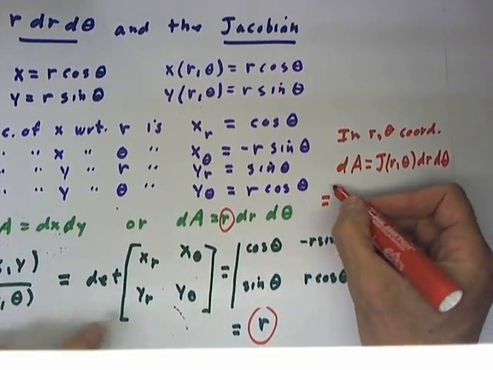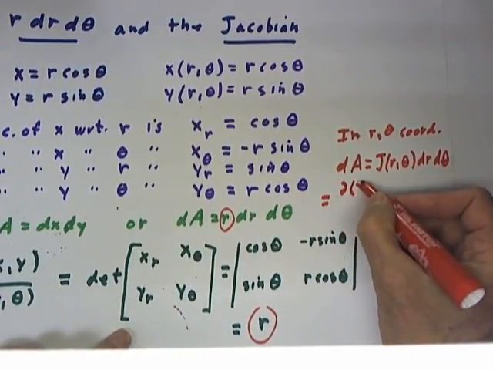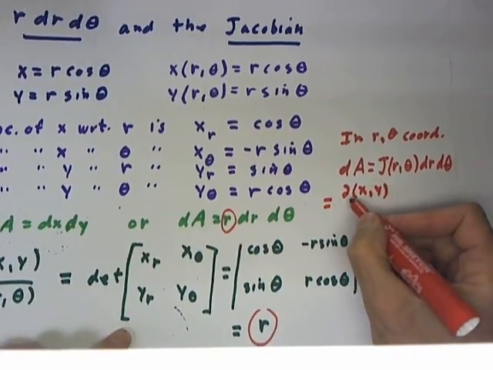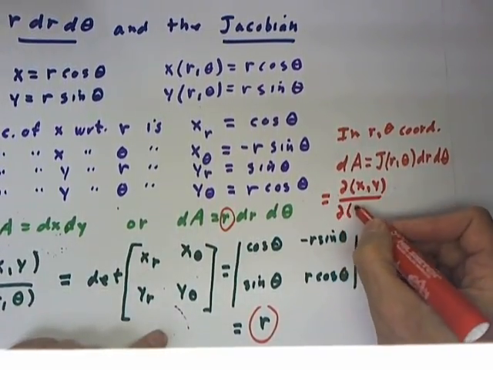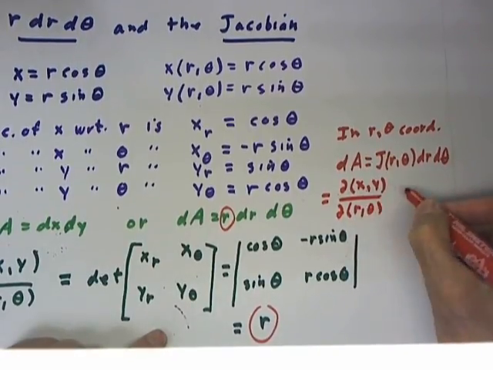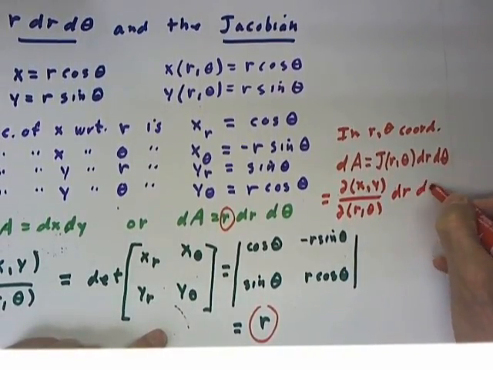Written out more completely, the Jacobian can be written as the partial derivative of x, y with respect to r and theta, times dr d theta.